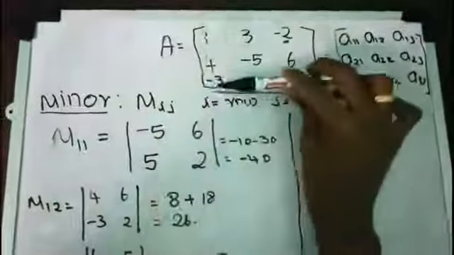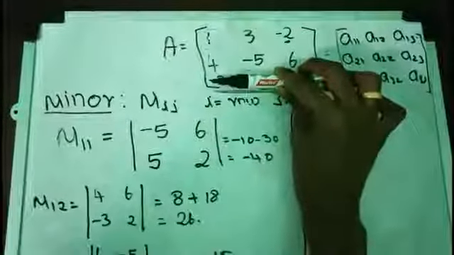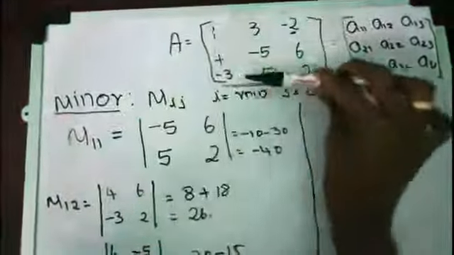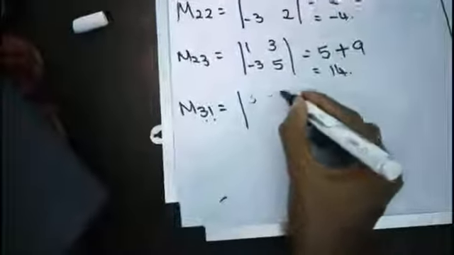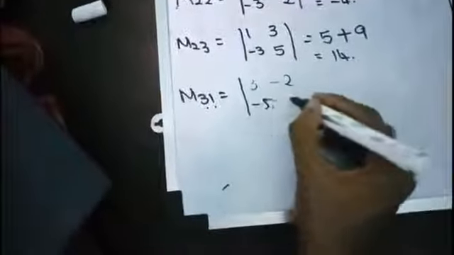What will it be? 3 minus 2 minus 5 6, that is the value. 3 6s are 18, minus 5 2s are 10, it will be 8.